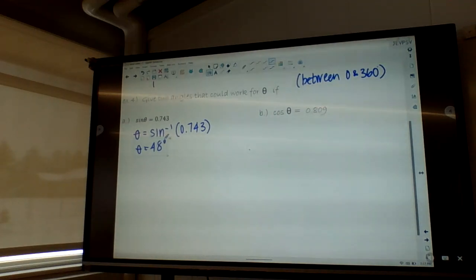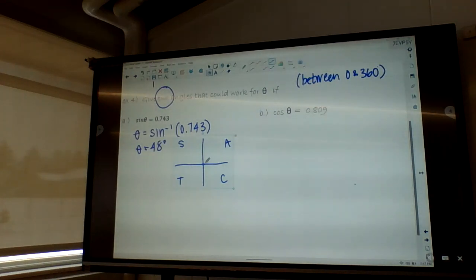But they want two angles, and our calculator doesn't tell us about the second angle. So what we need to do is figure out what other angle would give us this answer. What I'm going to suggest is we draw our All Students Take Calculus thing. The 48-degree angle would be in this quadrant.